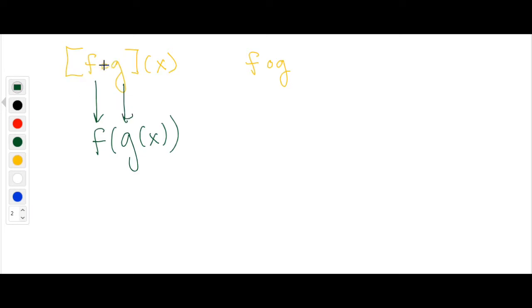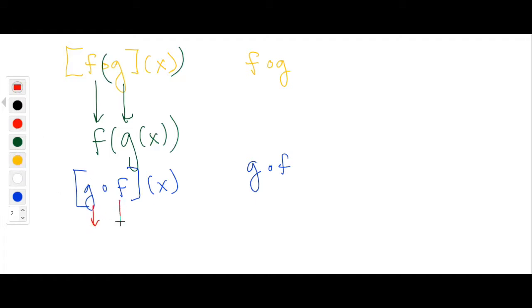Basically, all you need to do with this little circle is just add parentheses around that. And even if it's reversed, let's just say it's g of f of x versus g of f. Same thing, okay? We just want to bring that down.